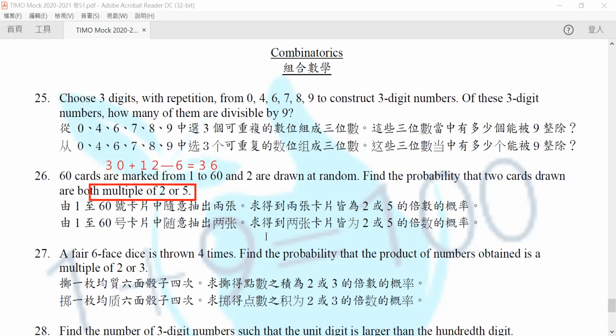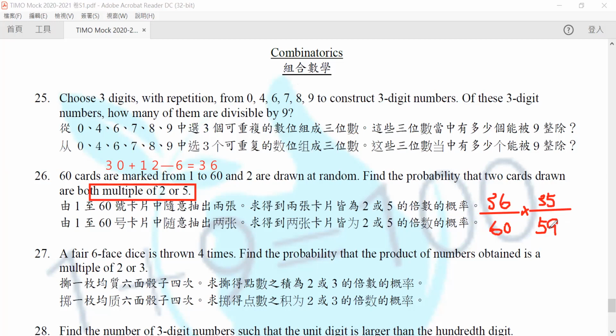So we need to draw 2 of them. So the probability must be equal to 36 divided by 60 times 35 divided by 59.